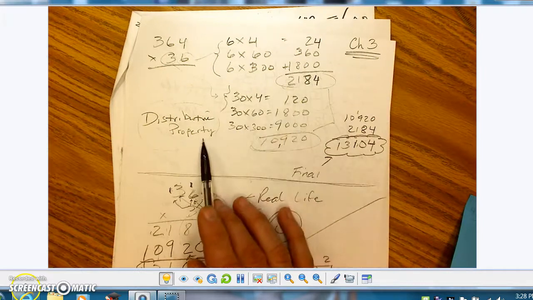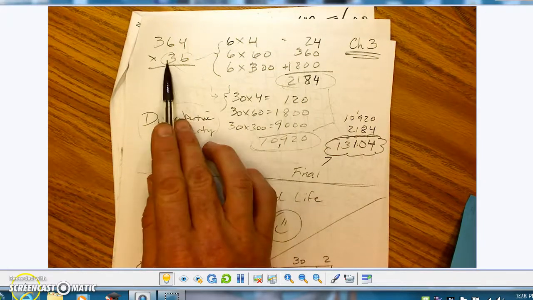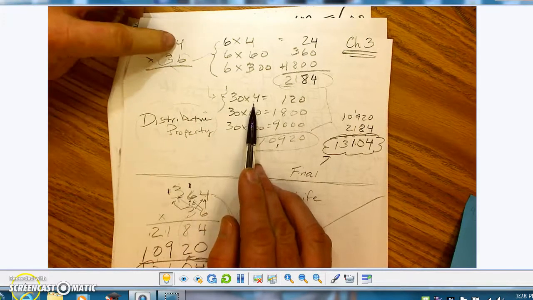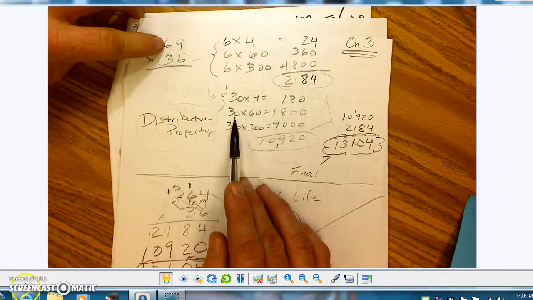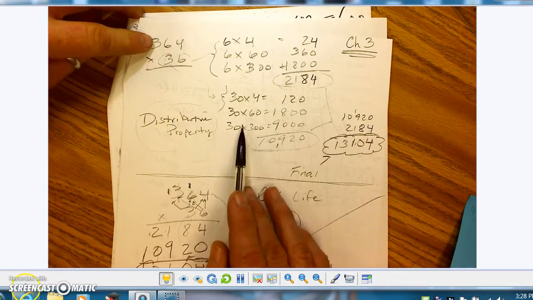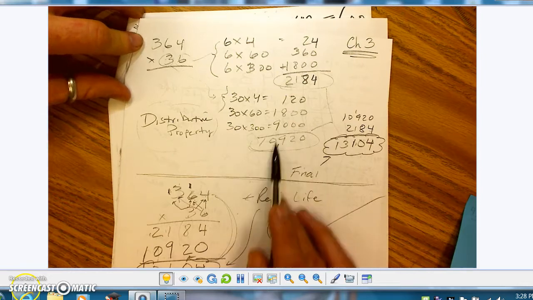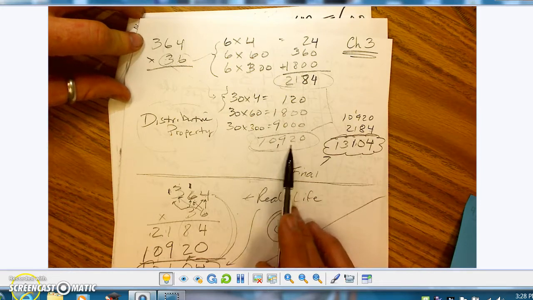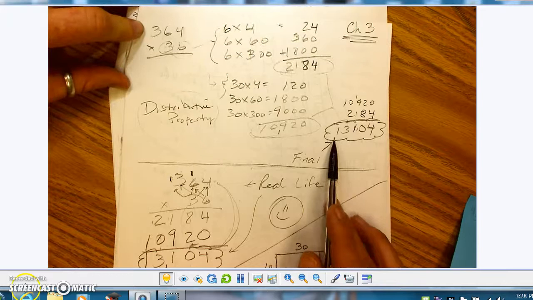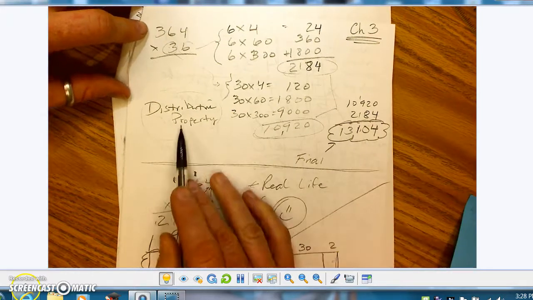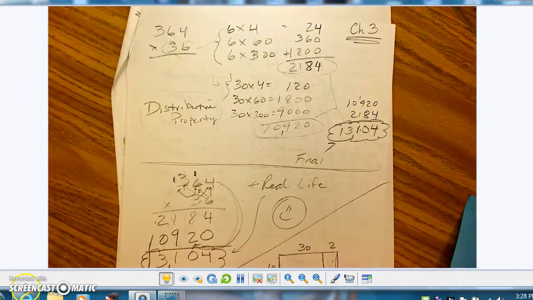Again, we're doing distributive property. Now this 3 is a 30, so it's going to be 30 times 4, 30 times 60, and 30 times 300, which ends up being a big number. When you add it all up, you're at 10,920. Add all that stuff up, and you're at 13,104. Now that's distributive property. That's blowing it up, breaking it apart.